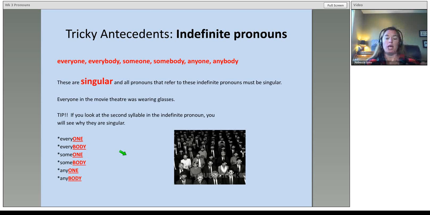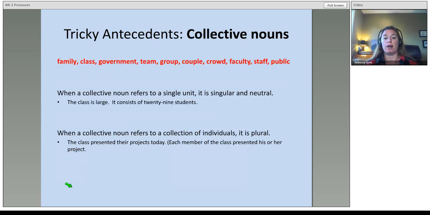So they're still referring to the person as an individual within a collective group, and therefore they actually are singular. If you notice the last part of each of these words, that will help clue you into the fact that they are singular: one, body, body, one, body, one. Okay?